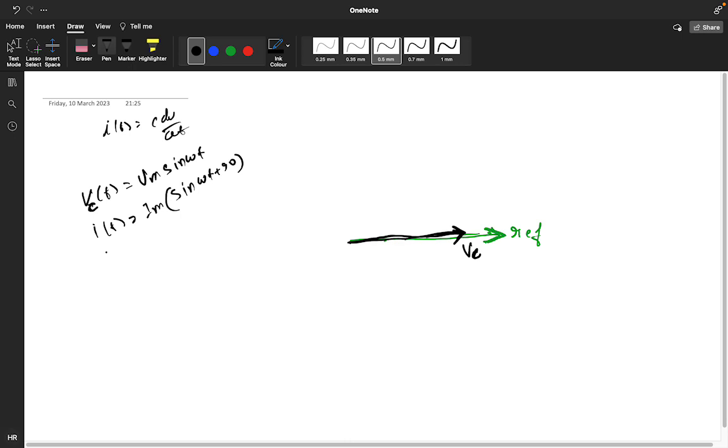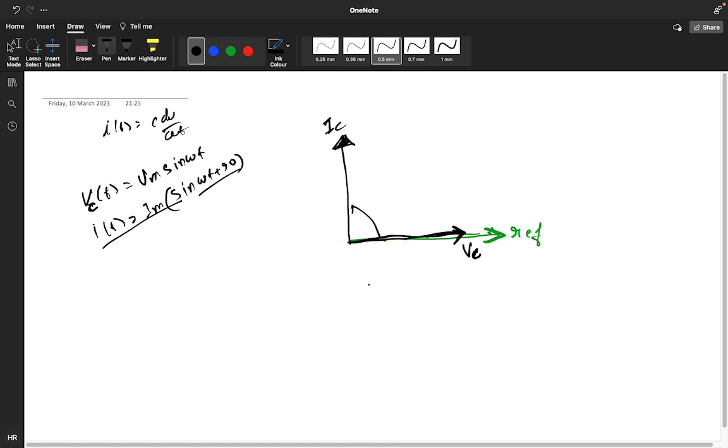And what about the current? The capacitor current is 90 degrees ahead, leading, anti-clockwise. It's moving anti-clockwise. So you are getting your IC current.